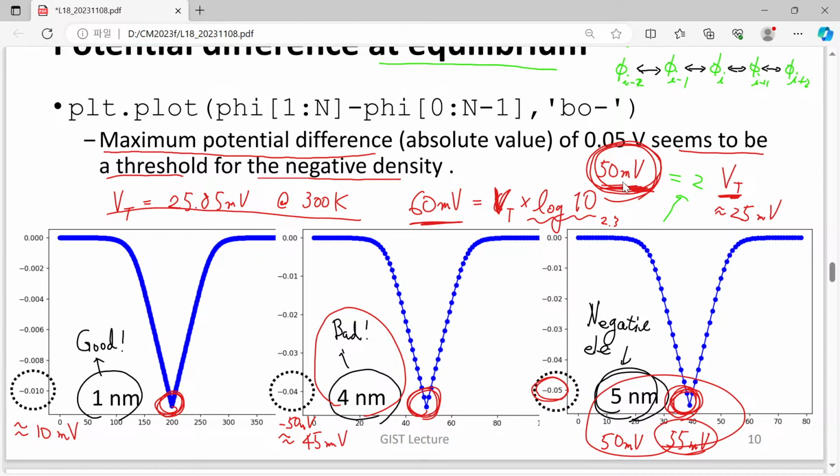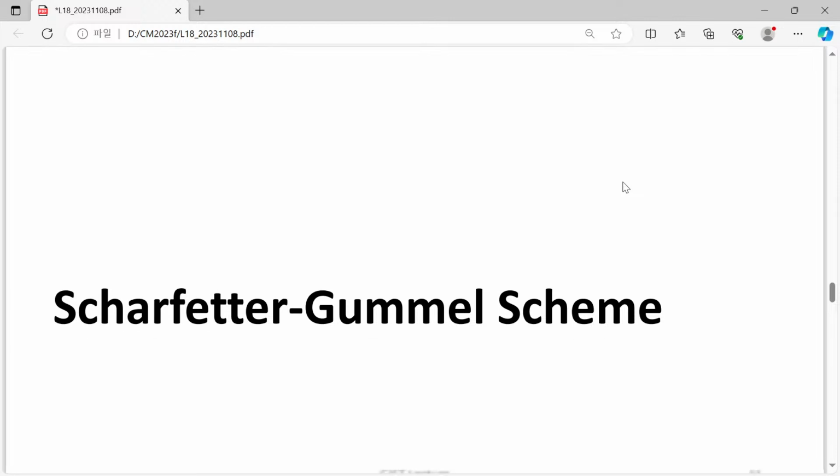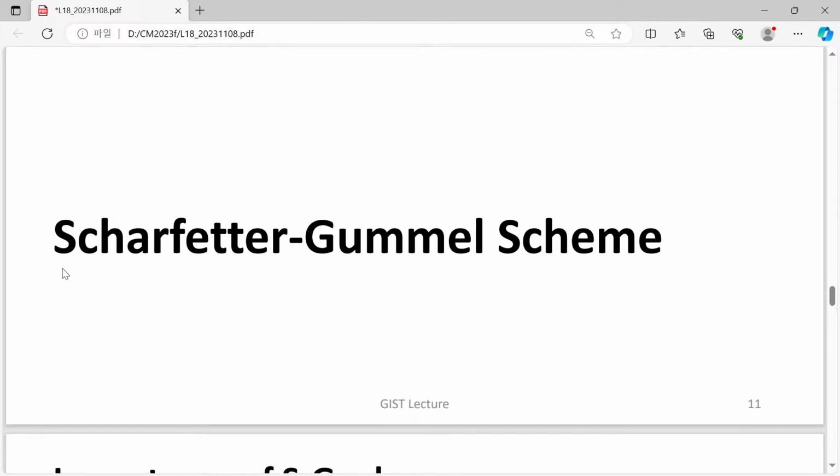Okay. Then now let's go to this one. Since this is too important, I will not start the discussion today because we must spend sufficient time to discuss this scheme called the Scharfetter-Gummel scheme.